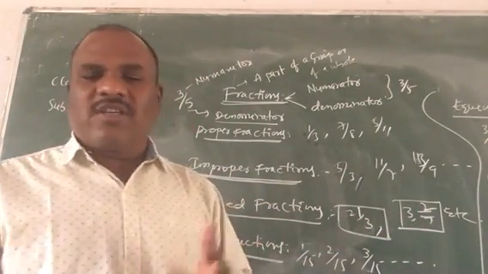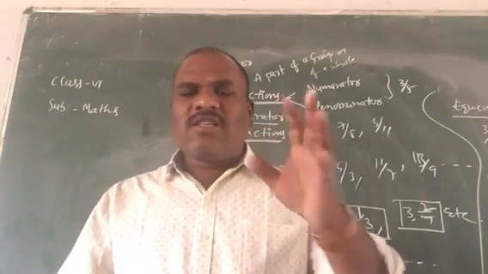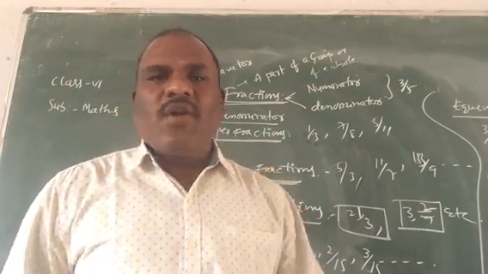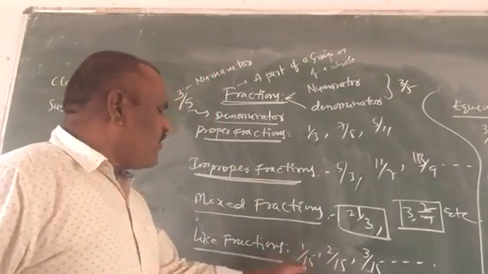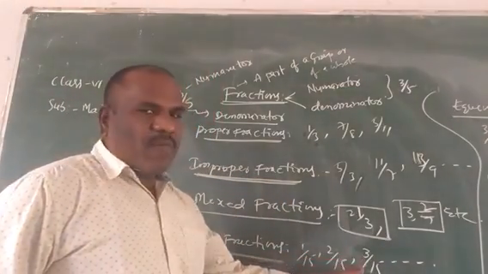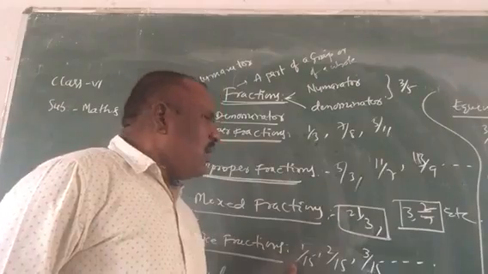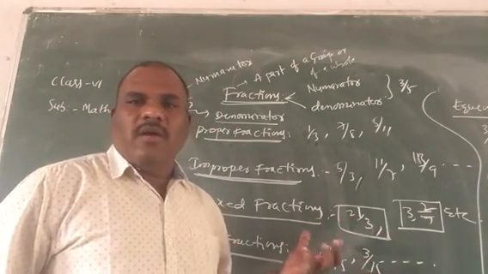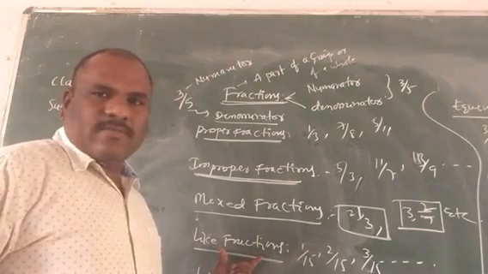Okay. Now like fractions. What are like fractions? Fractions with the same denominator. For example, children, 1 by 15, 2 by 15, or 3 by 15, etc. The denominator is the same for all the fractions, so those fractions are called like fractions.